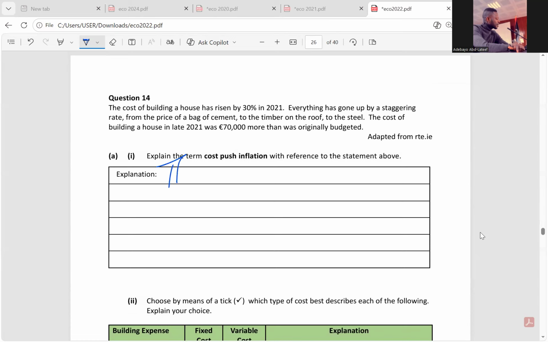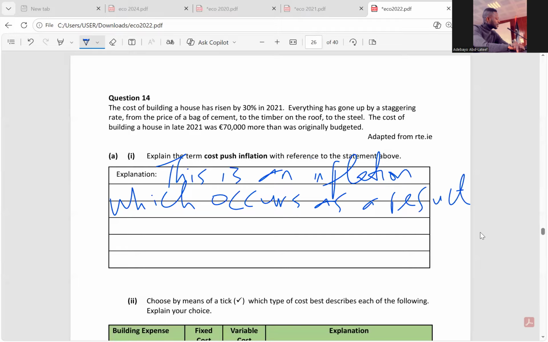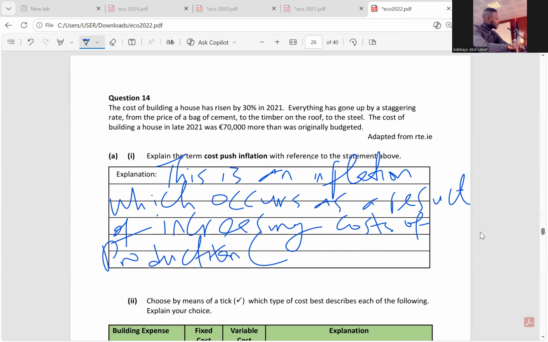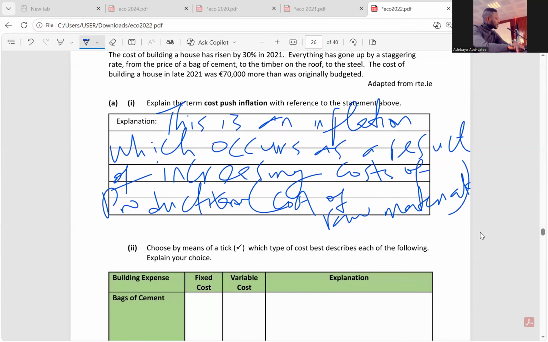Cost-push inflation is inflation which occurs as a result of increasing costs of production, for example, cost of raw materials.